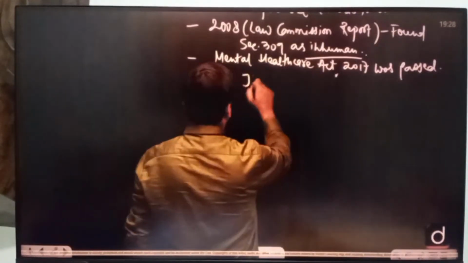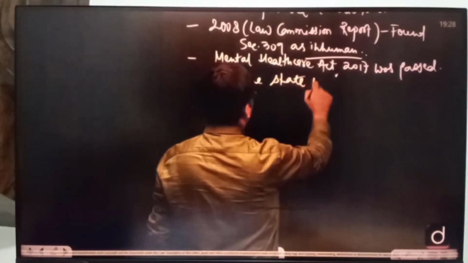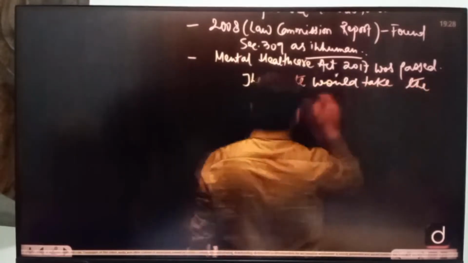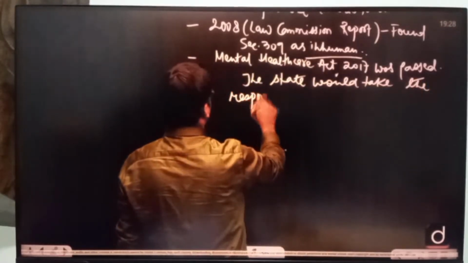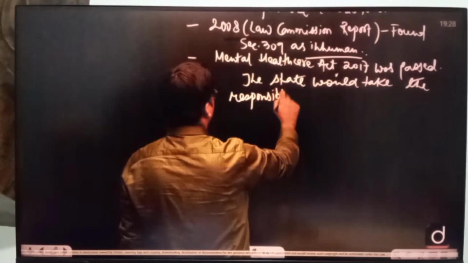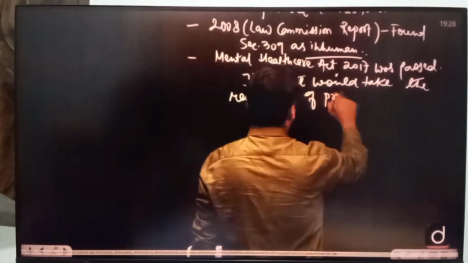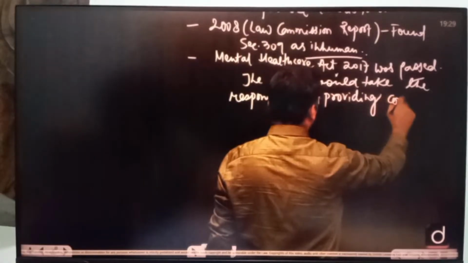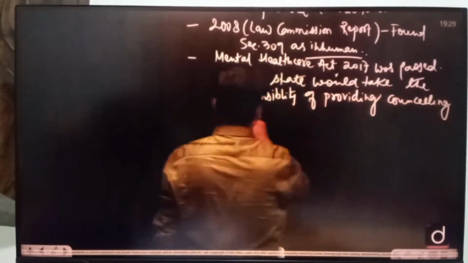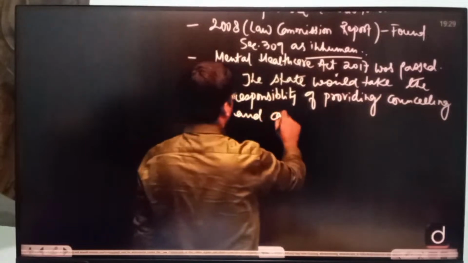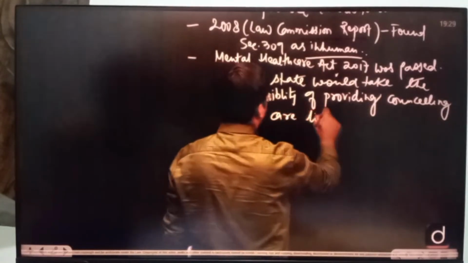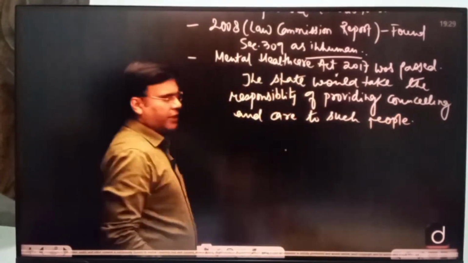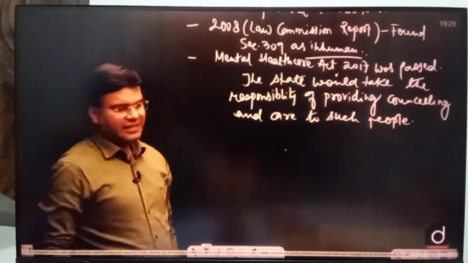So the state would take the responsibility of providing counseling and care to such people, है ना, ताकि सेक्शन 309 का इस्तेमाल ना हो सके.